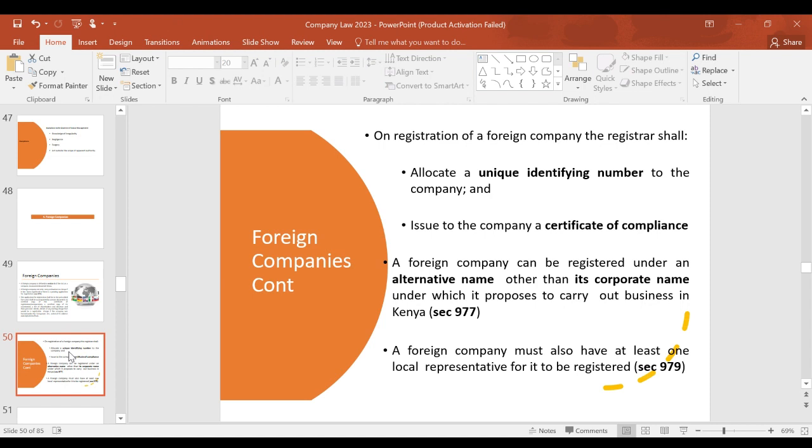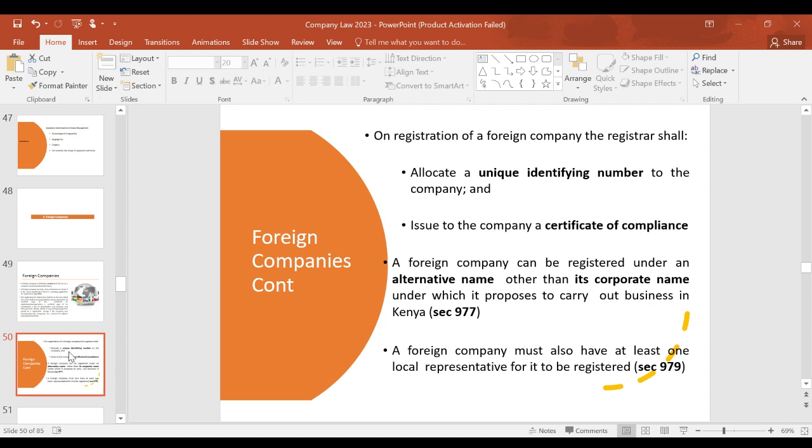Remember, we said in our previous lecture that the subscription of the company during registration can be done by another company. It can own shares within a different company.